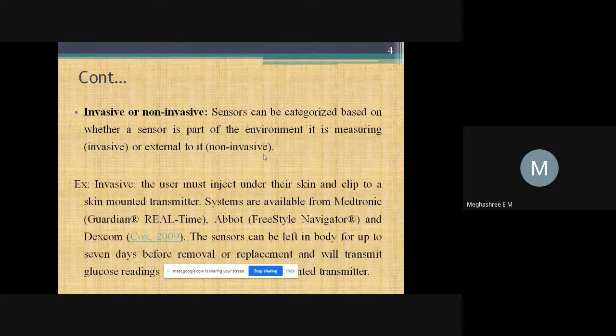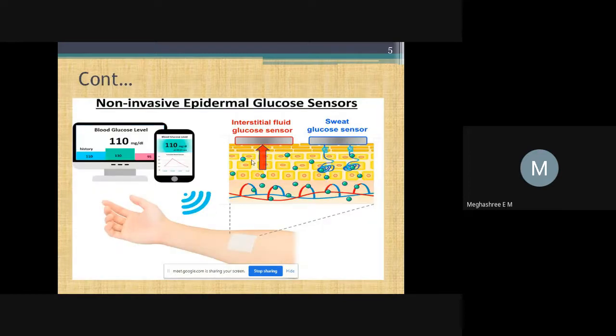Let's see an example. For invasive, I have considered an example where we inject a sensor under the skin. Here the sensor is injected into the hand of this person, and it reads the glucose level and transfers it to the control system. That is an example.